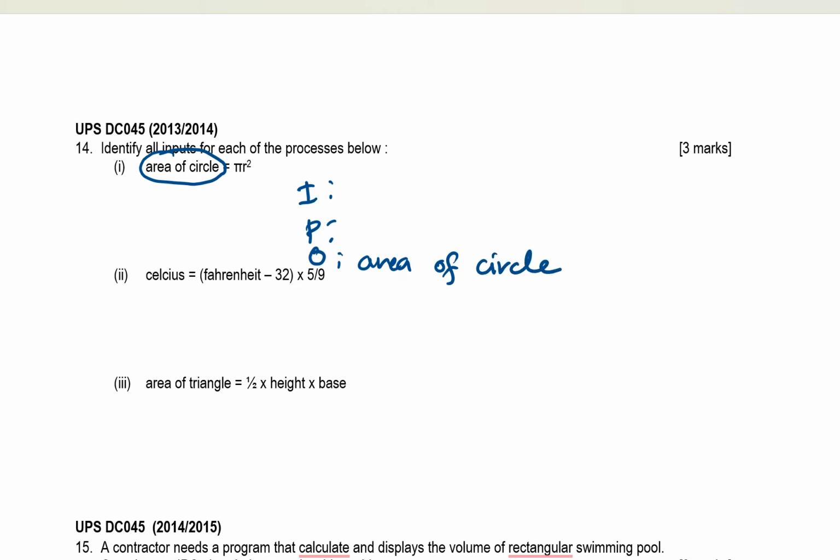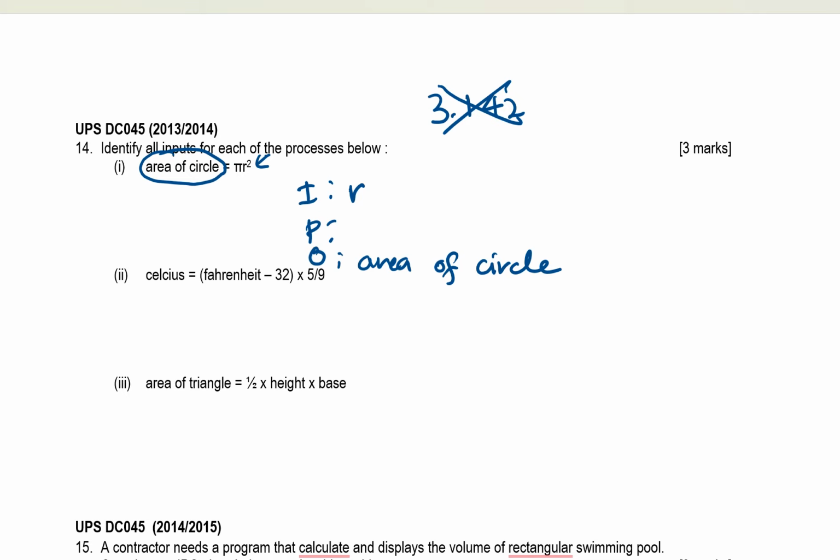So, how about the input? The input is R. Is the input pi? No. Why? Because pi is constant, 3.142. So you don't have to put it in the input.